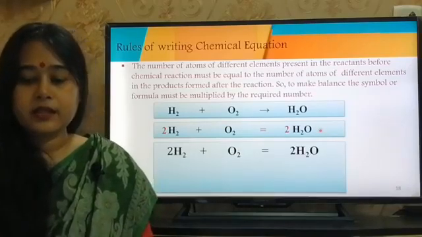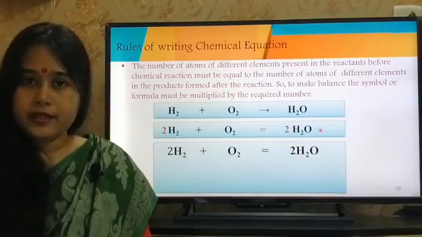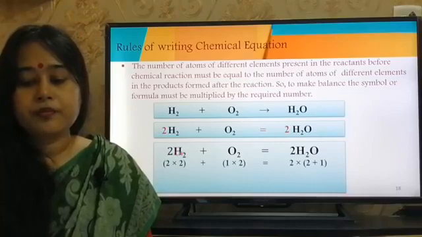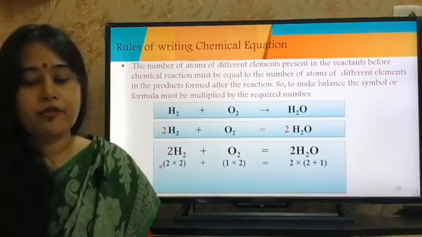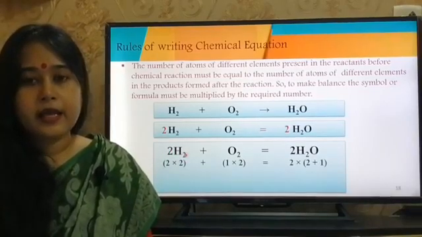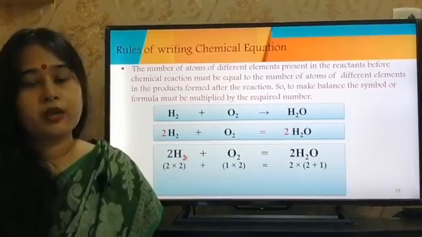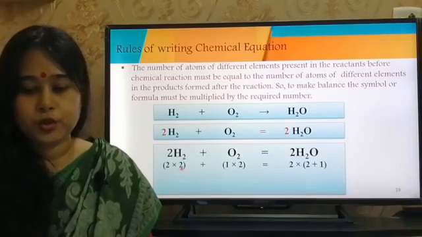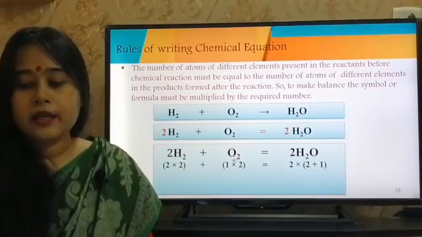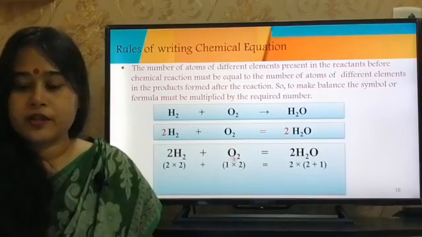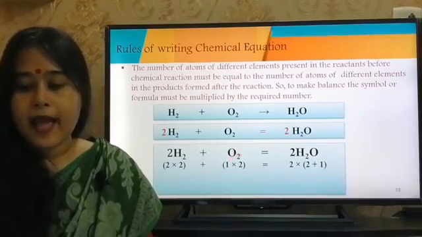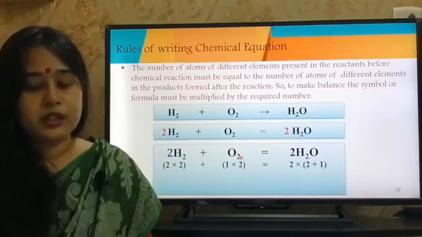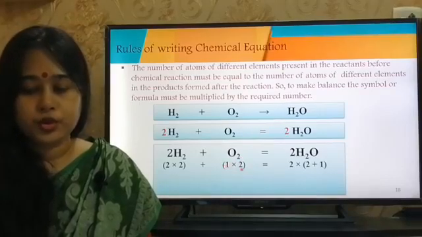Now let's calculate the atoms on the reactant and product side. Here 2 molecules of hydrogen, and in each molecule of hydrogen we have 2 atoms, that means 2 into 2, plus here how many molecules of oxygen are there? 1, and in 1 molecule of oxygen we have 2 oxygen atoms, so 1 into 2.